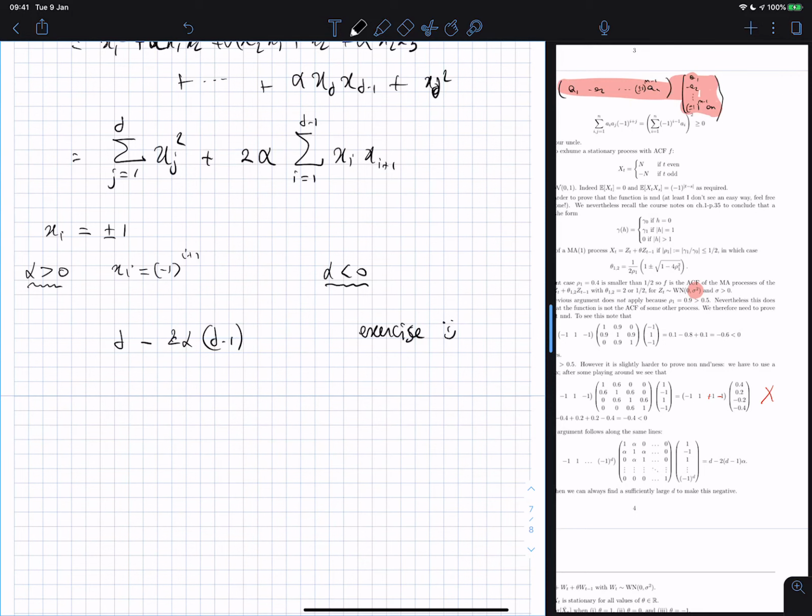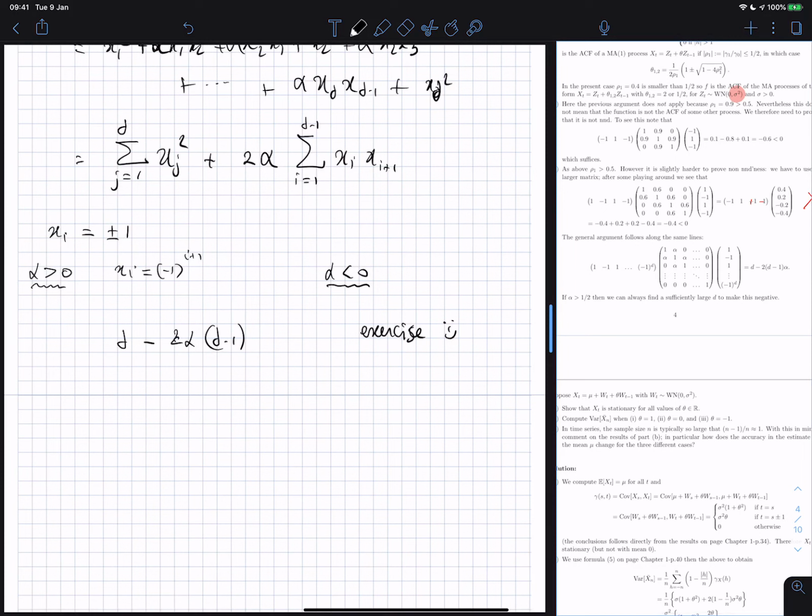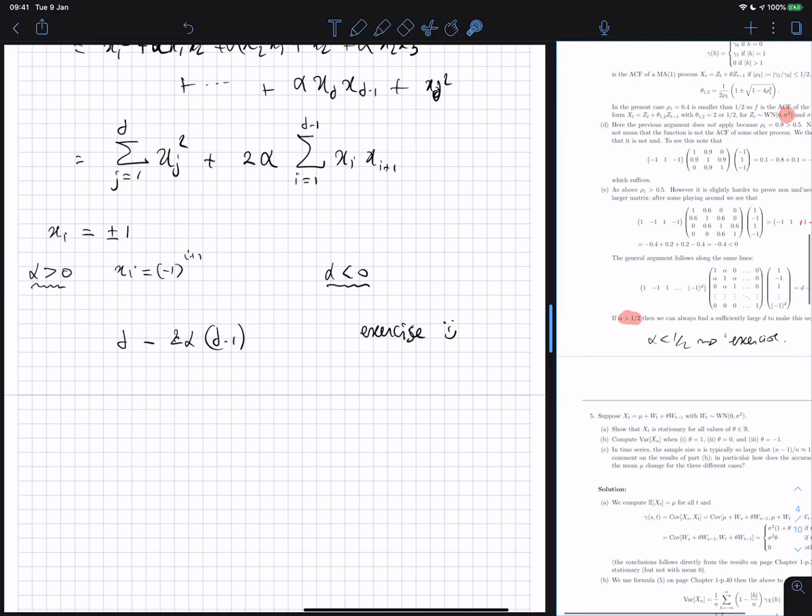Exercise. I realized that I didn't do the case alpha negative here in my notes. Is that okay for everybody? Do you understand the game? I'm not finished, but it's already 20 to 5, and I'm in exercise 4.